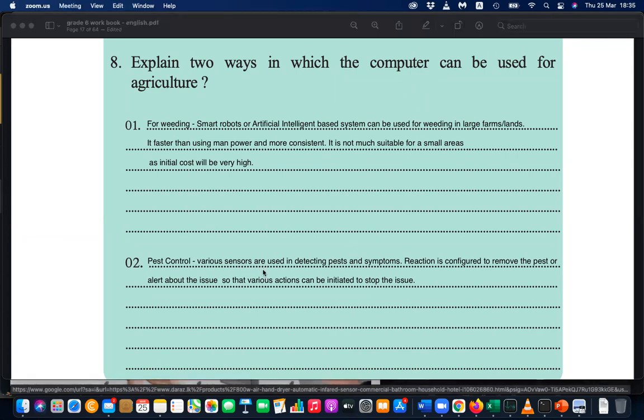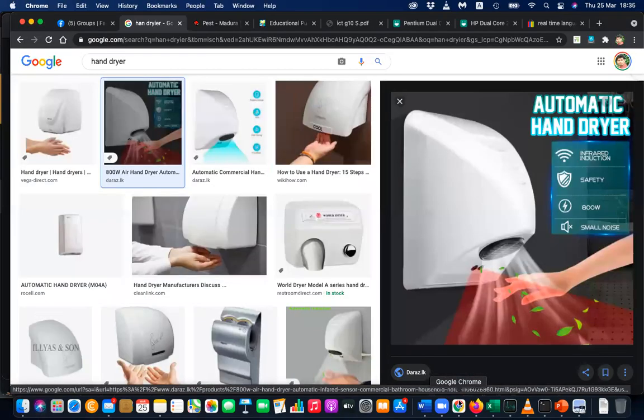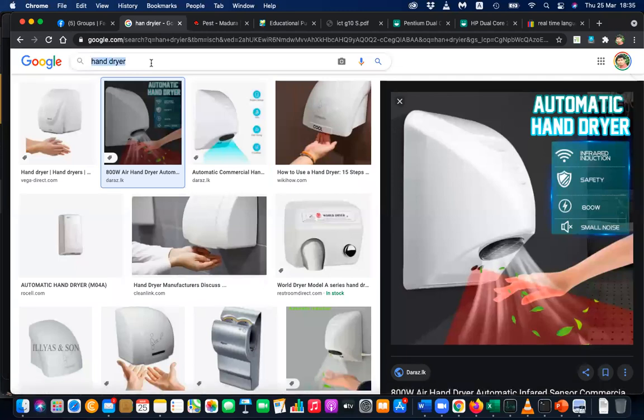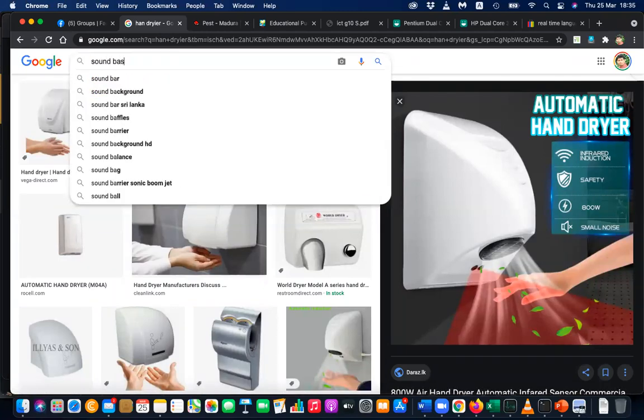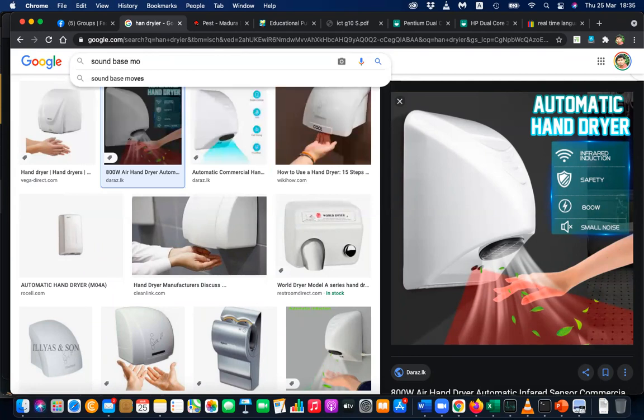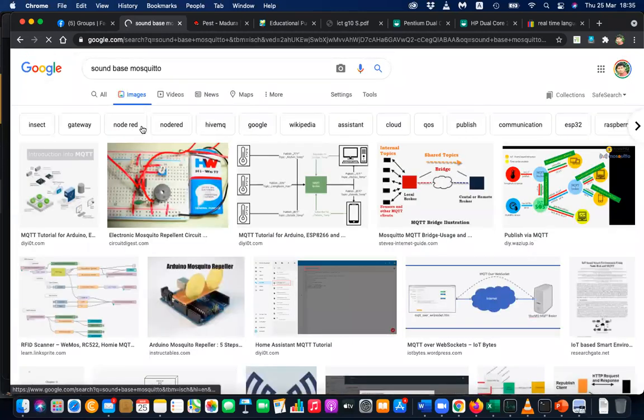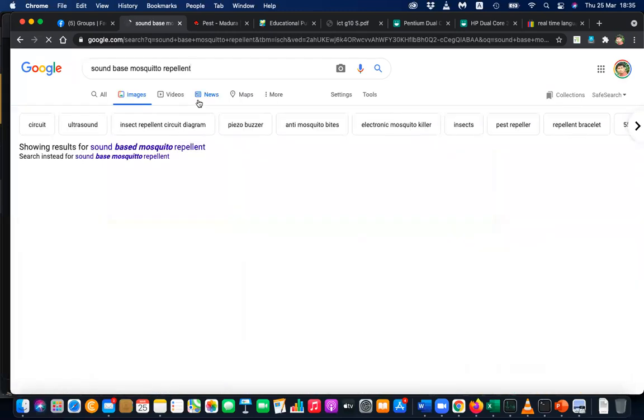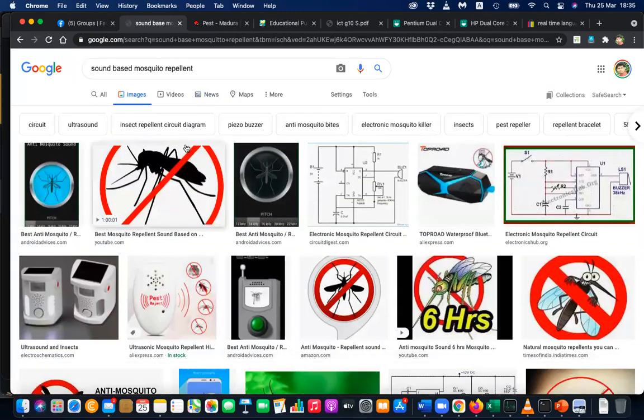So I think you have heard of this sound-based mosquito repellent.